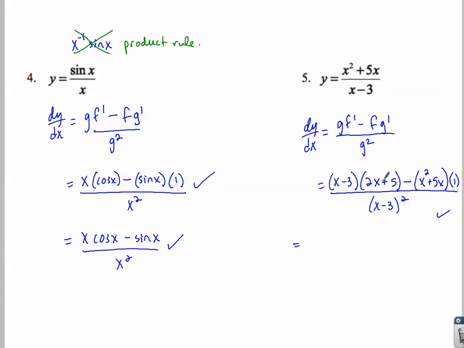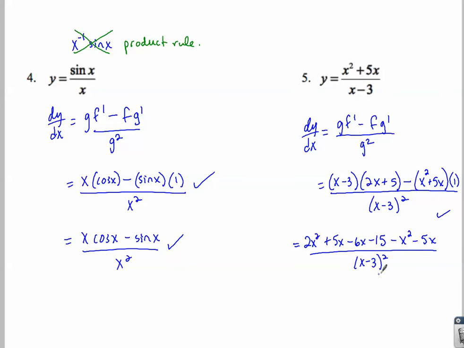But we should probably simplify a little bit, so let's do that. I can distribute in this first one. You can FOIL those out a little bit. So 2x squared plus 5x minus 6x minus 15. Over here, distribute the negative at least. Negative x squared minus 5x all over x minus 3 squared.